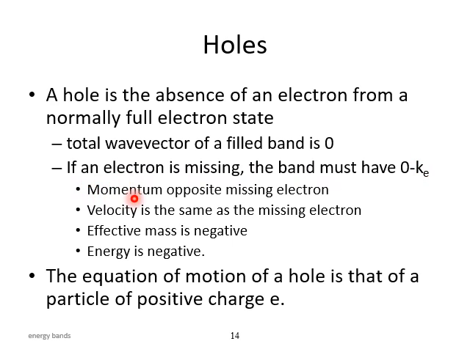So the momentum of the system is opposite to that of the electron that we just took out. The velocity turns out to be the same as the missing electron, but the effective mass is negative. The equation of motion of a hole with an applied force is that of a particle of positive charge.